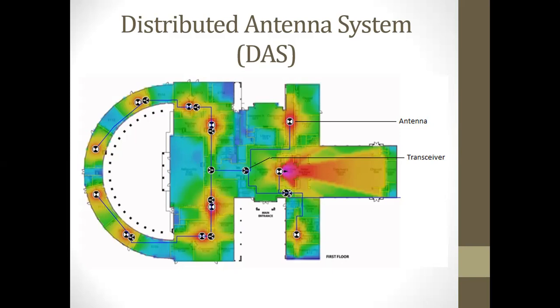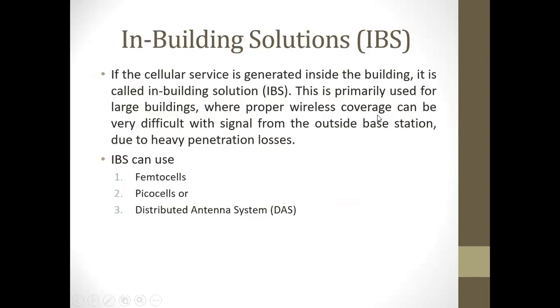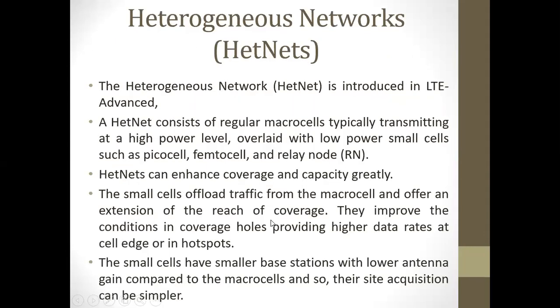But DAS is also a popular solution in developed countries. So for buildings, we basically have three different types of solutions. But if you have multiple sizes of cells coexisting, then it's a mixture, and it is called a heterogeneous network.